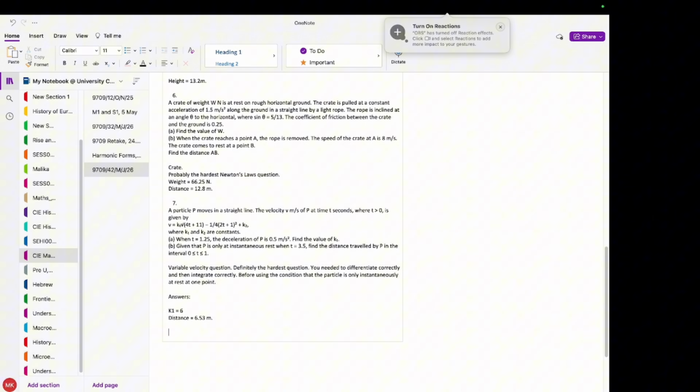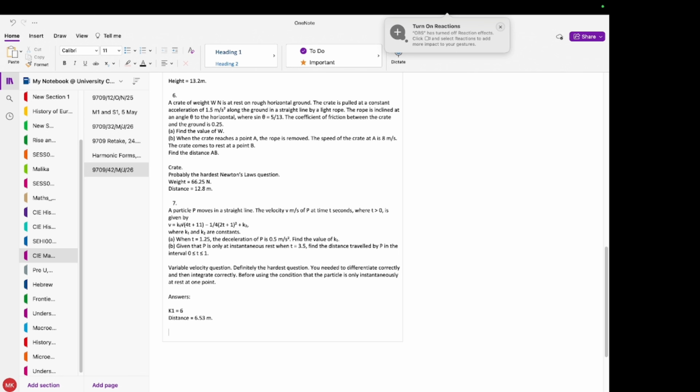So in terms of overall difficulty, I would rate this paper around 7.5 out of 10. It's not absolutely the hardest, most brutal, low threshold mechanics papers such as October, November 2021. I mean, yes, it was during the COVID era, but still 56% of raw marks for an A was incredibly low. And this one, May June 2026, was definitely not easy.